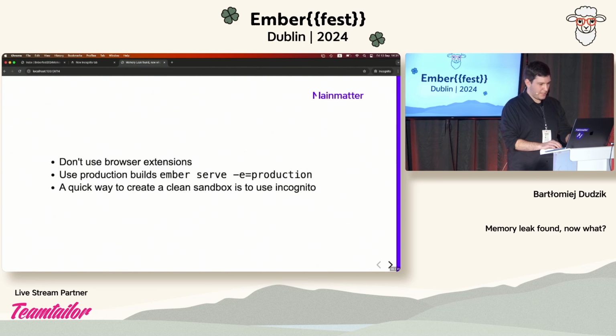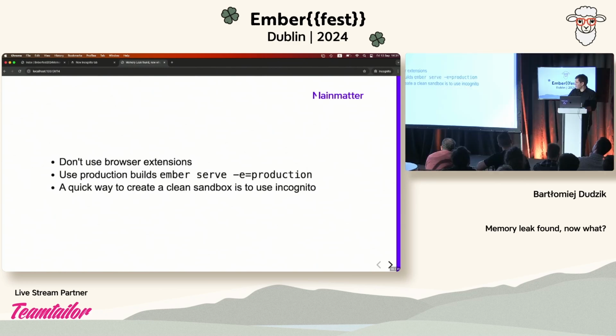So here is pretty much a small summary of what I said, with the addition that you shouldn't use browser extensions either, and ideally maybe just use incognito, because it usually by default doesn't have extensions in it.